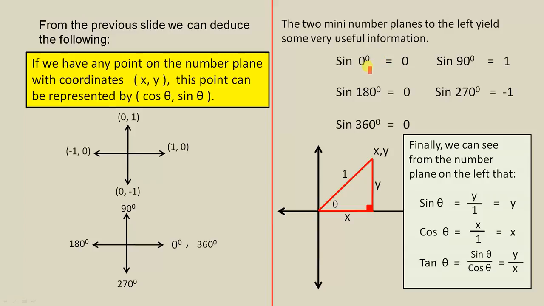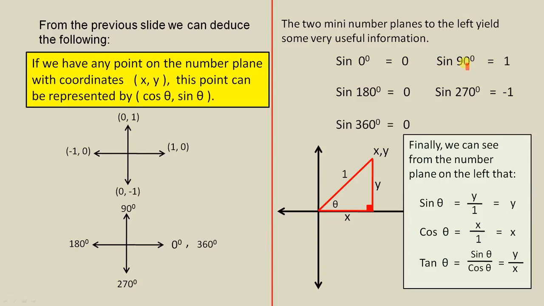If we want to work out the sine of 0, that answer is 0. From the previous slide, we can see that the sine of 0 is 0 because the sine of the angle is the y value, and the y value is 0.